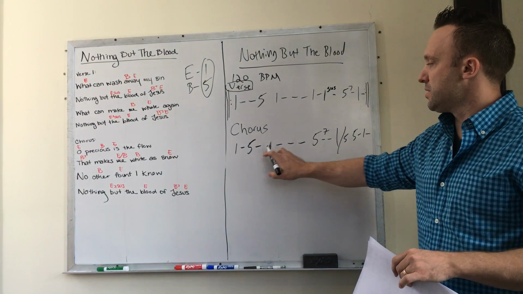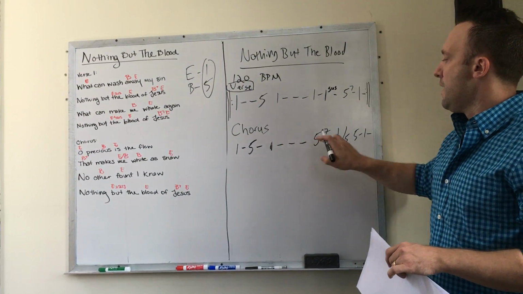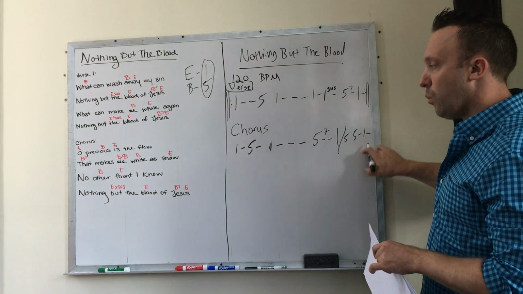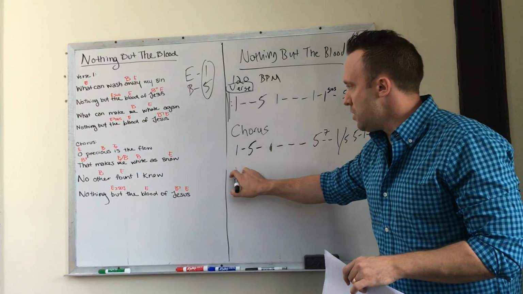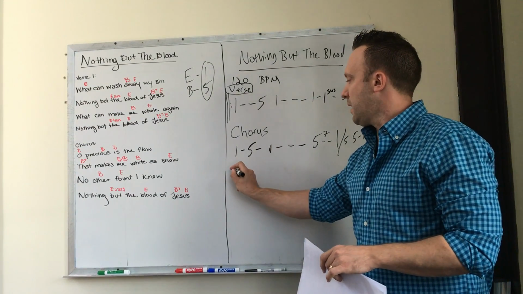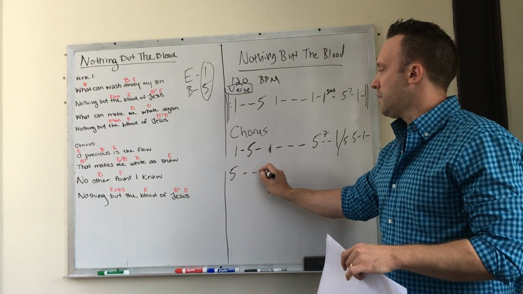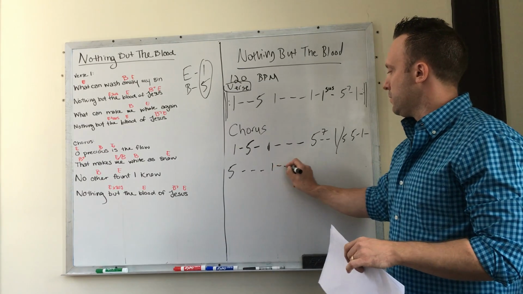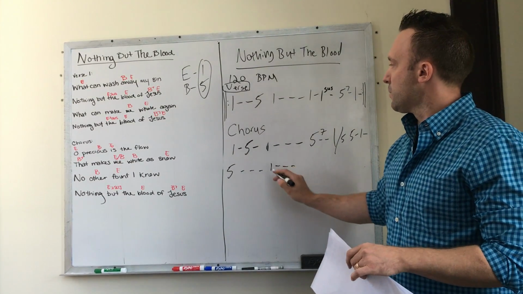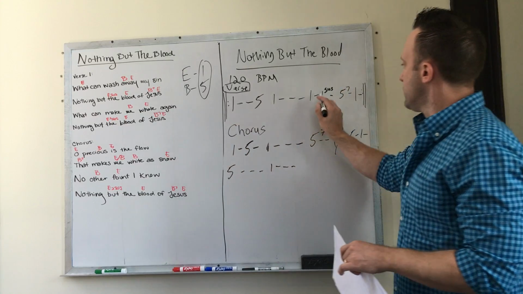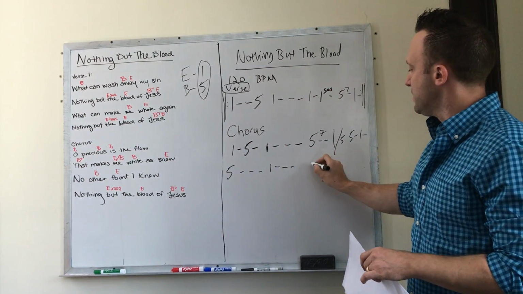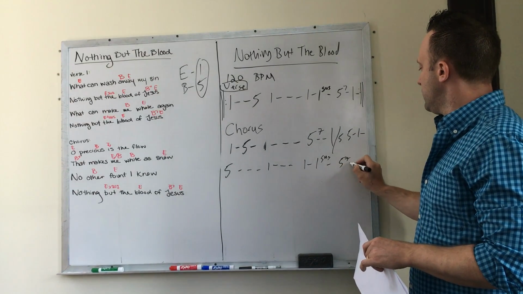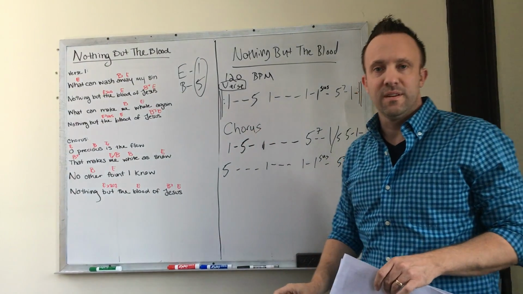Oh, precious is the flow that makes 1 over 5 to 5 as 1, 2, so we're back to the 5, no other fount I know, 2, 3, 4, and we're back to nothing but the blood of Jesus, which is similar to this, so I cut and paste this to this, 1, 1 sus, 5, 7 to 1, and that's our chorus.